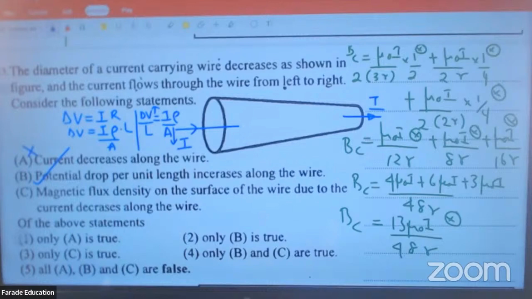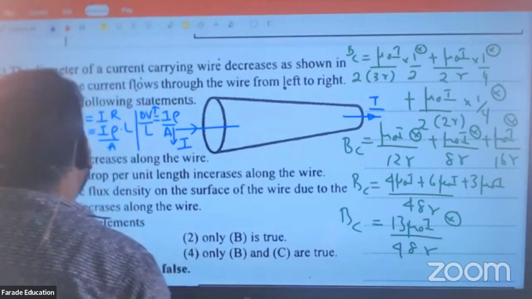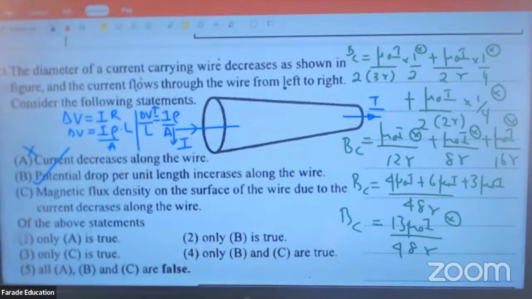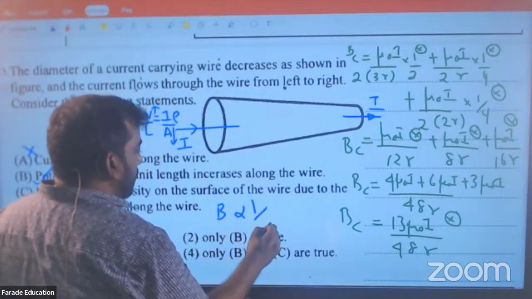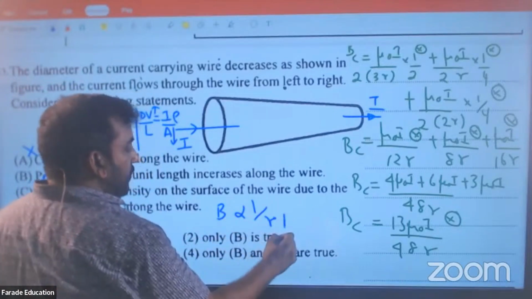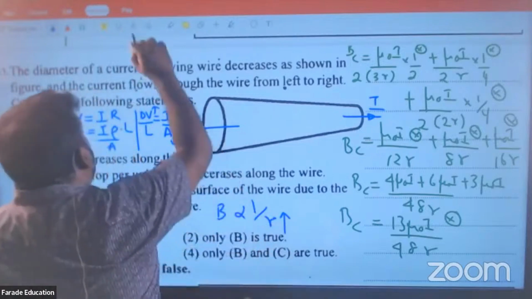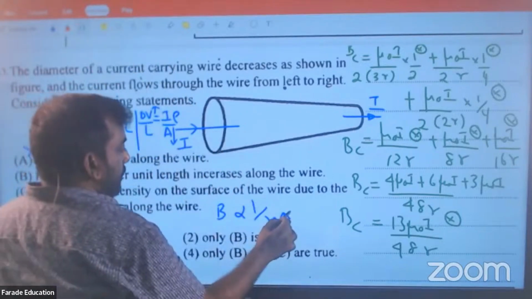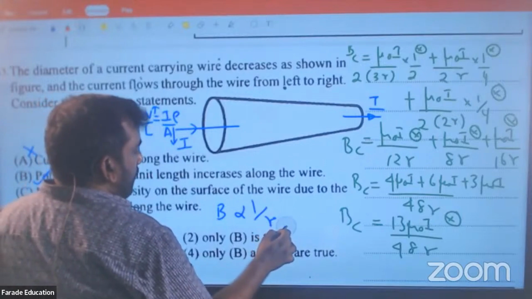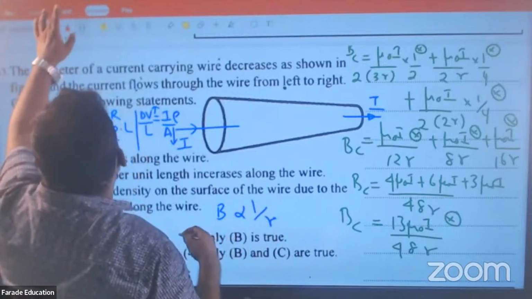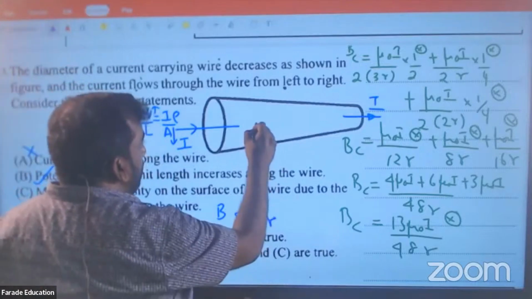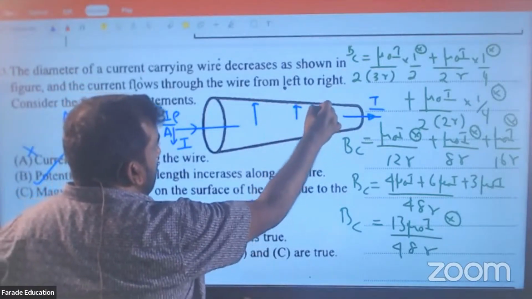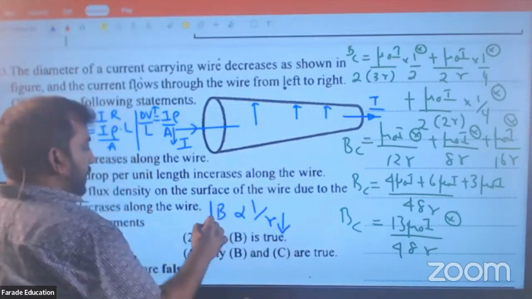Magnetic flux density on the surface of the wire due to the current decreases along the wire. Magnetic flux density is inversely proportional to the distance r, from Biot-Savart. As you go along the wire, the radius keeps reducing. When the radius reduces, the magnetic field strength will increase.